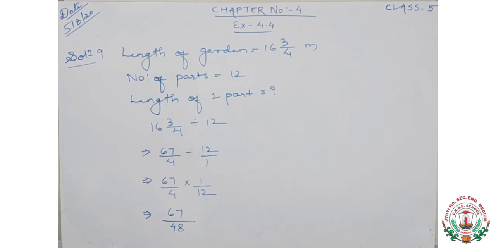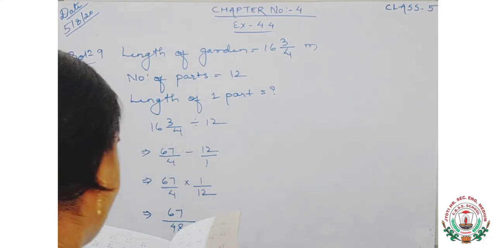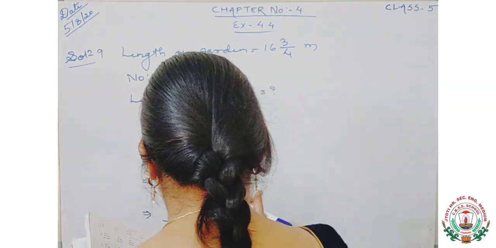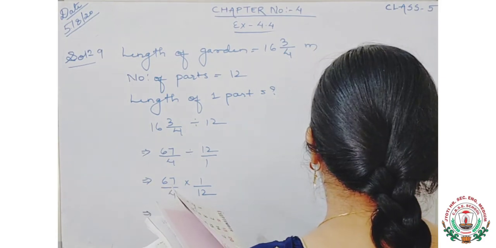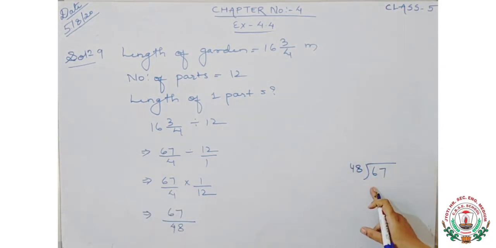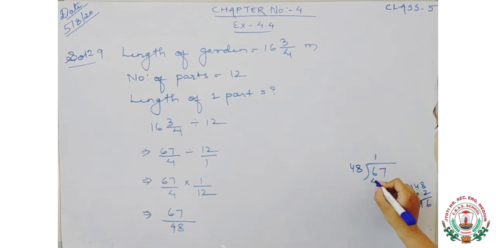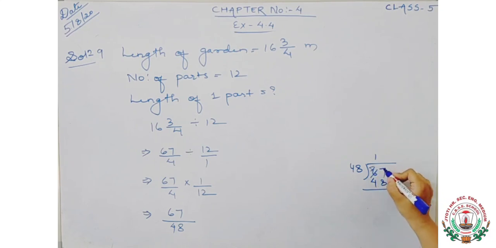So we will divide this and find it out. Okay. So how we will divide this? See here. We will just divide this. 67 divided by 48. 48 ones are 48. 7 minus 8 is not possible. 17 minus 8. What is 17 minus 8? 9.